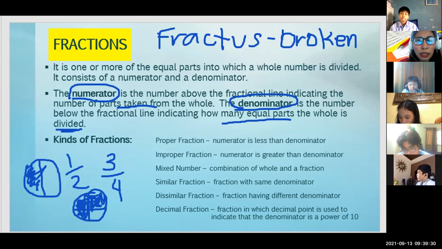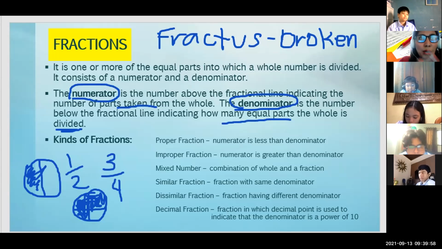So, what is the importance of having fractions in the real world? When we say fraction, these are much needed parts to keep the number or part.